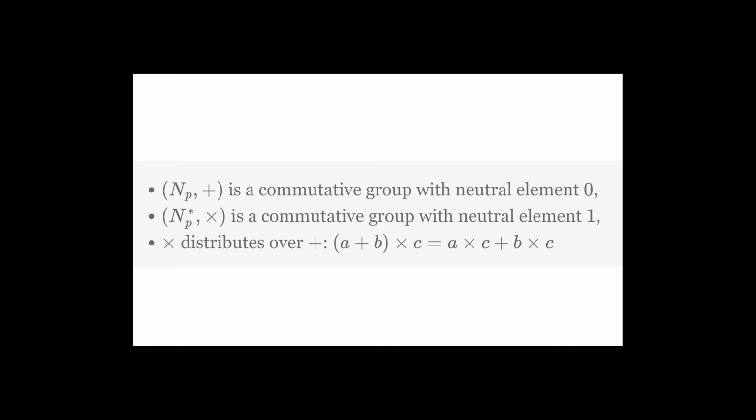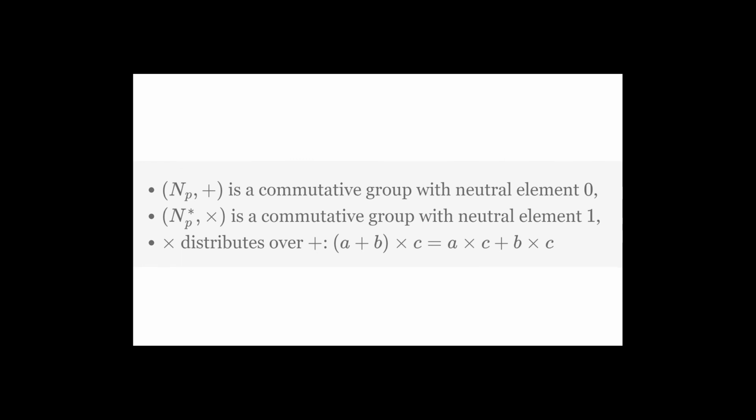And the new thing that we want this time is some relation. Otherwise, plus and multiply would be completely unrelated. So we want something that combines plus and multiply, and it is the distribution of multiplication over addition. And that's very intuitive.